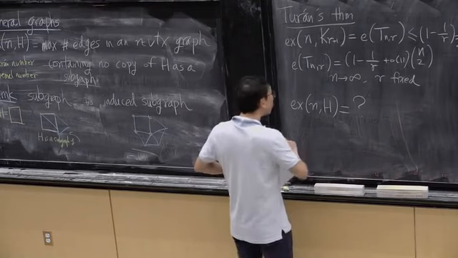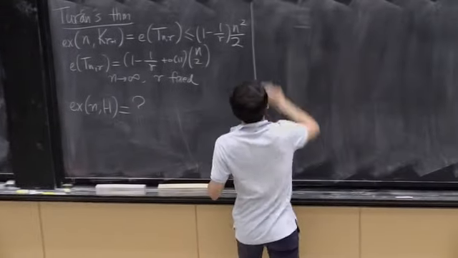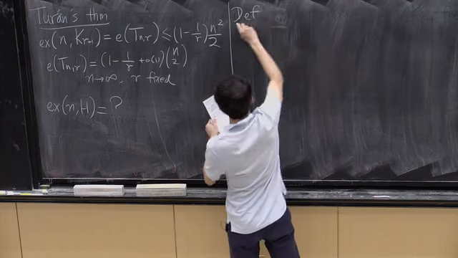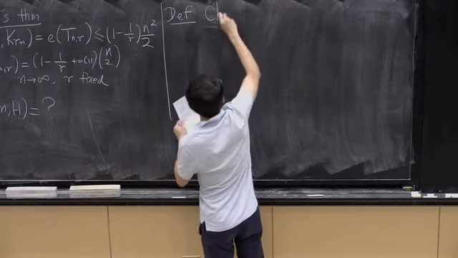Just to remind you, the chromatic number of a graph is the minimum number of colors you need to properly color this graph.